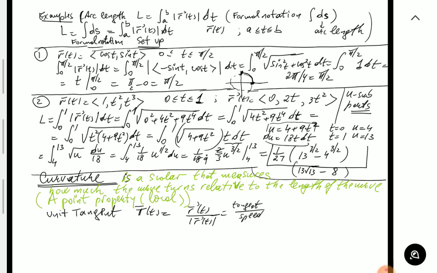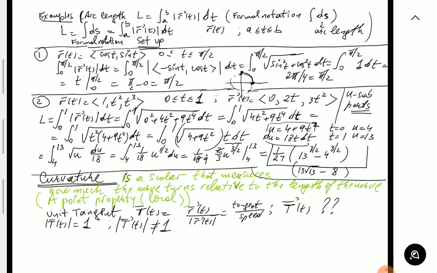So therefore, what do you think T prime of t will measure? Well, T prime of t is going to be the change in that direction. Now be aware that while the unit tangent is, as the name implies, of length 1, T prime of t is not necessarily going to be 1. So T prime of t can have any magnitude whatsoever.